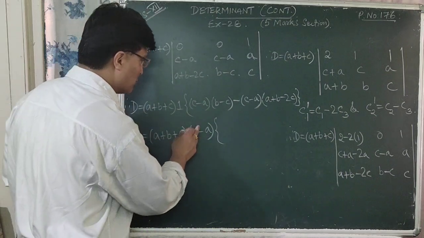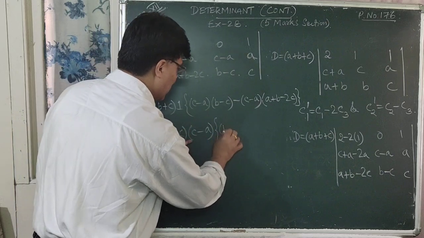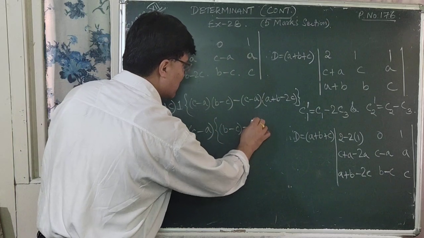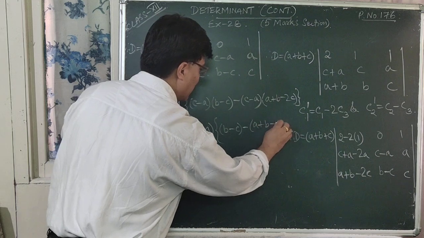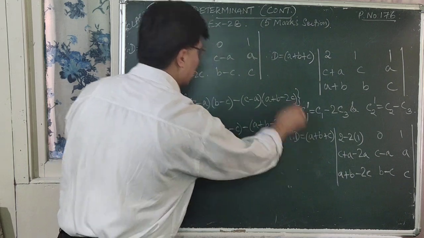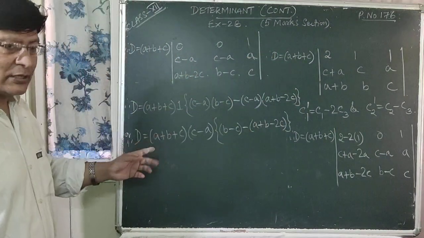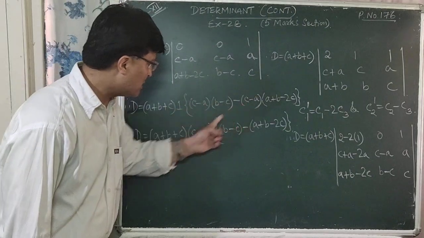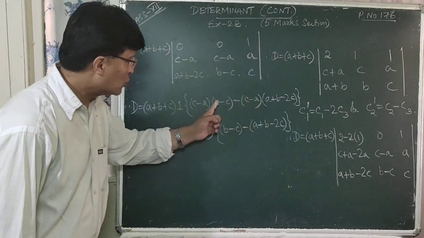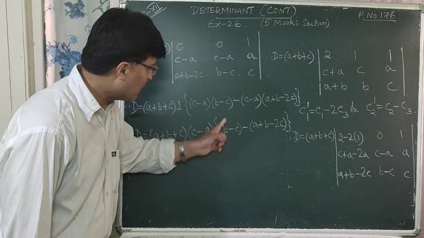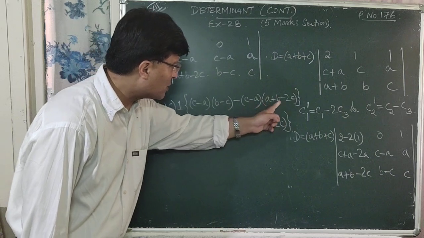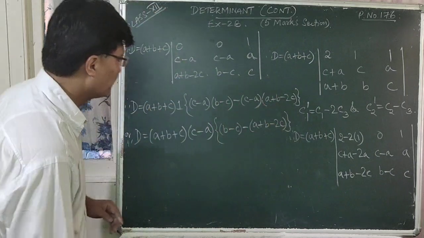What are those remaining terms? It is B minus C minus A plus B minus 2C. So the remaining terms are B minus C minus then A plus B minus 2C, right?